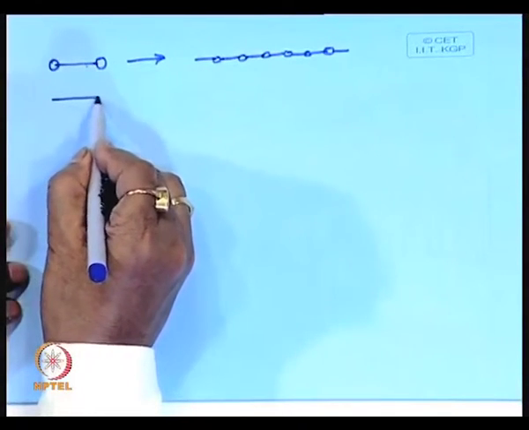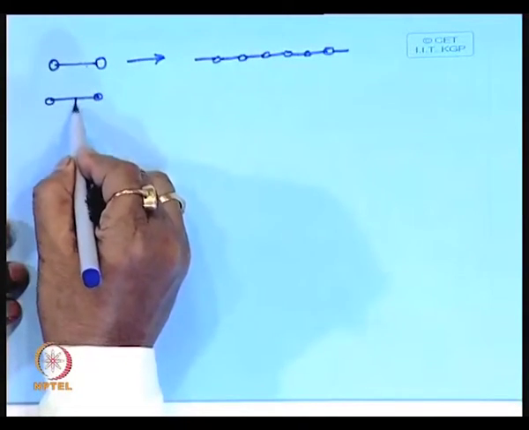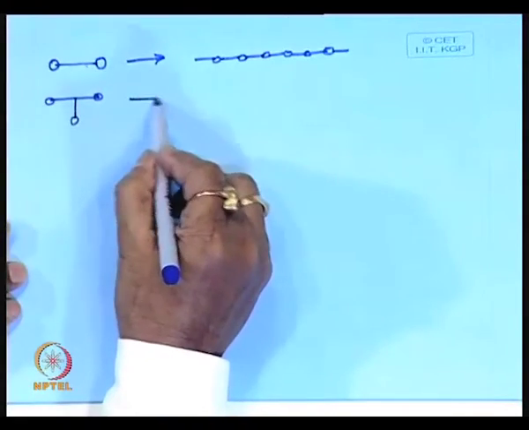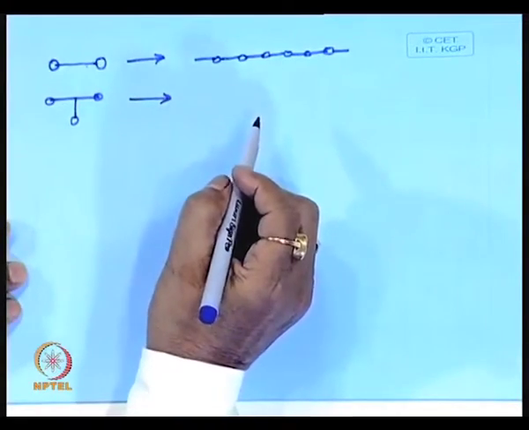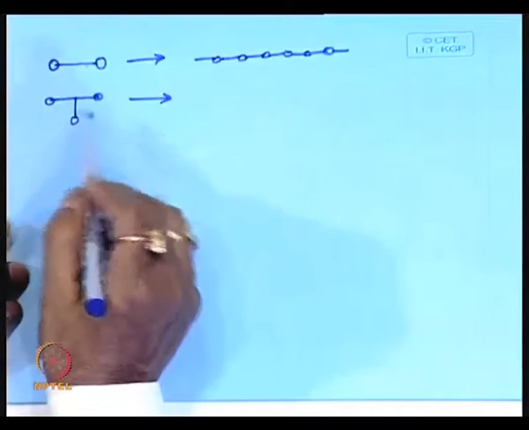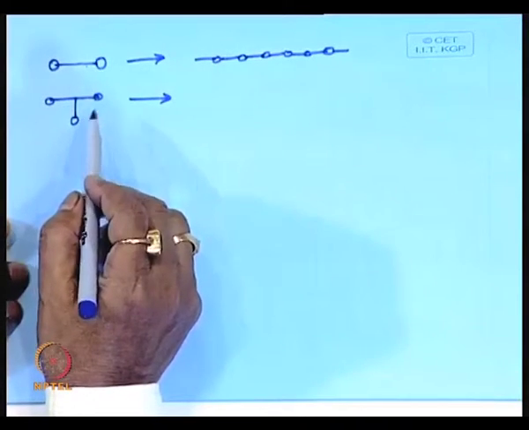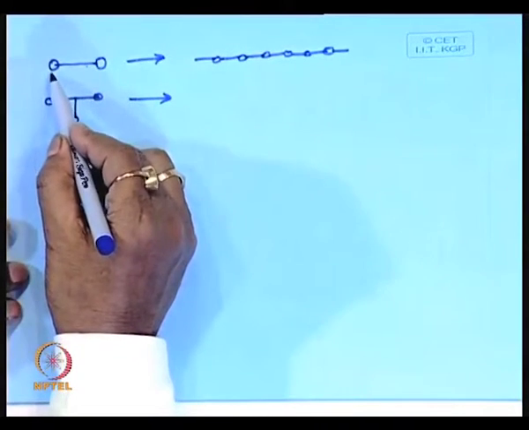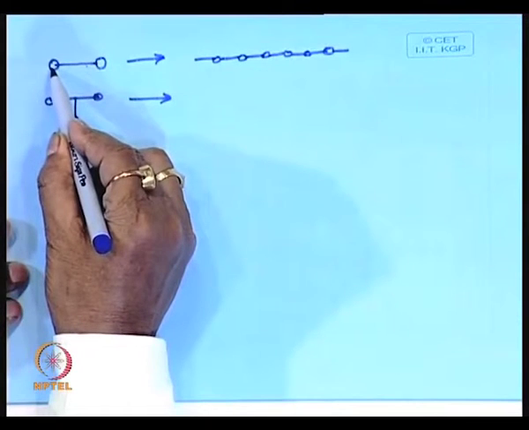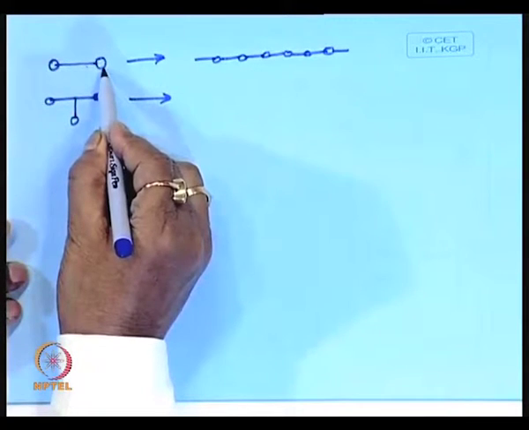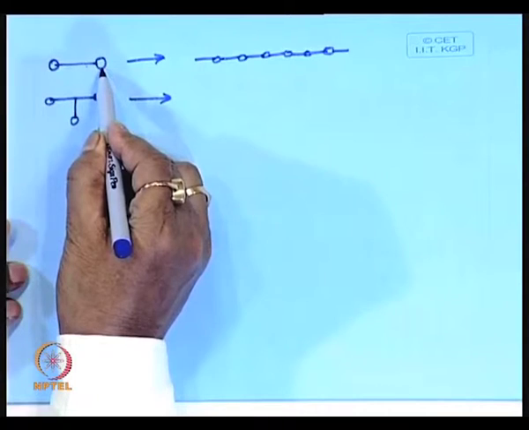Or you can have a molecule like this, all reactive. Of course, the nature of this functional group is different from the nature of this functional group, otherwise it can react.